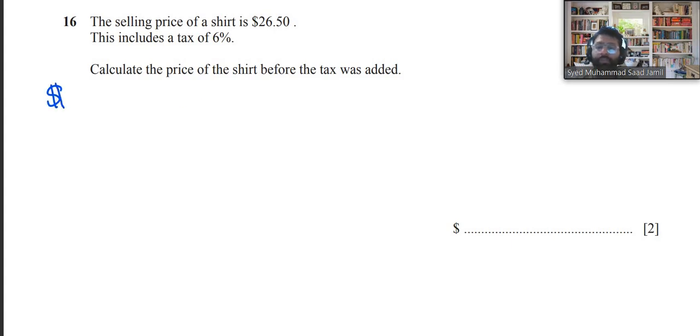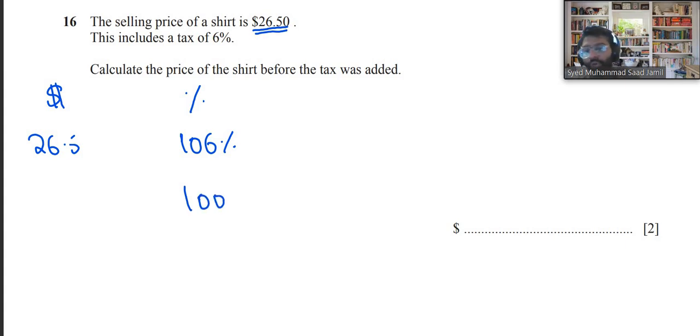Do you agree that the selling price is actually 106%? Because the original price is always 100%. We do not know it, so we wrote x, and there was a 6% tax, so the percentage became 106%, which is equivalent to 26.5.